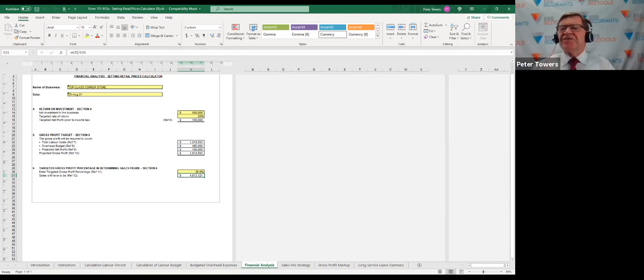So the system's then done the calculations. The total labour cost was $1,019,000. The overheads are $495,000. The targeted profit's 100. So we need to generate a gross profit of $1,614,000. What's management's expectation? They're running a corner store. What do they expect to make? I've put 35% into there.